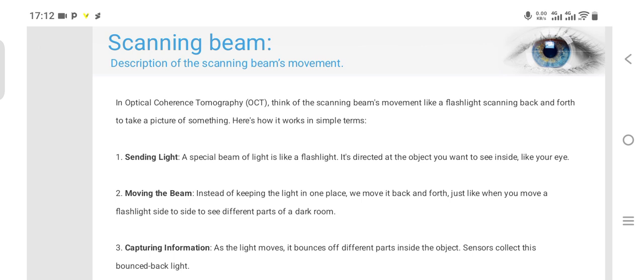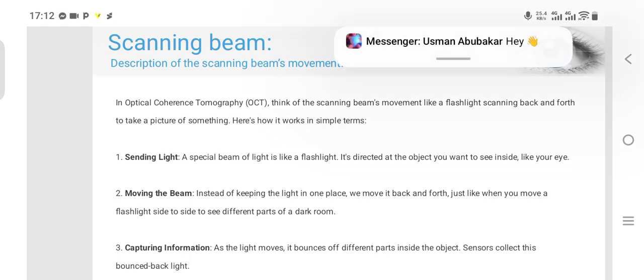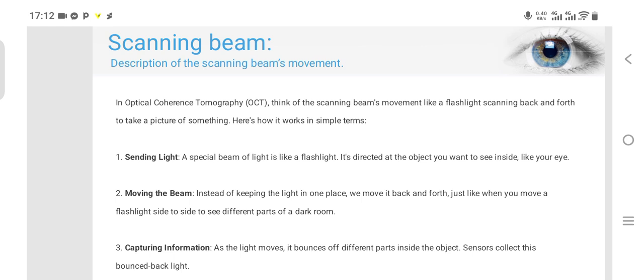In OCT, think of the scanning beam movement like a flashlight scanning back and forth to take a picture of something. A spatial beam of light is like a flashlight directed at the object you want to see inside, like your eye.